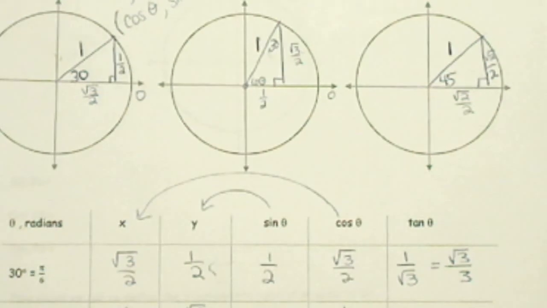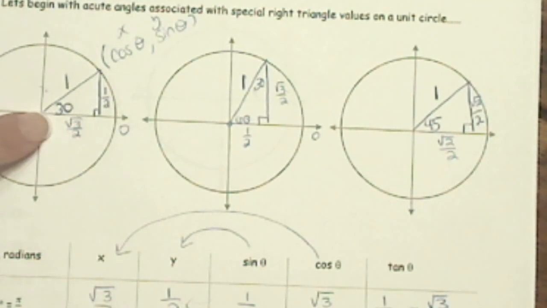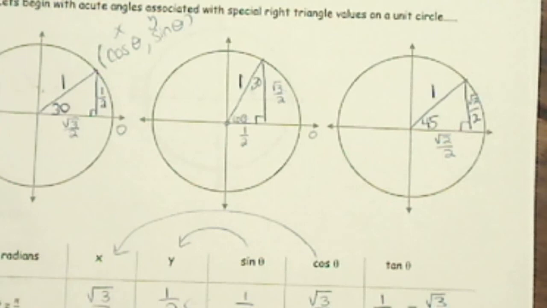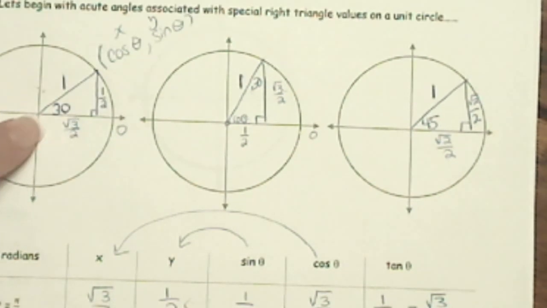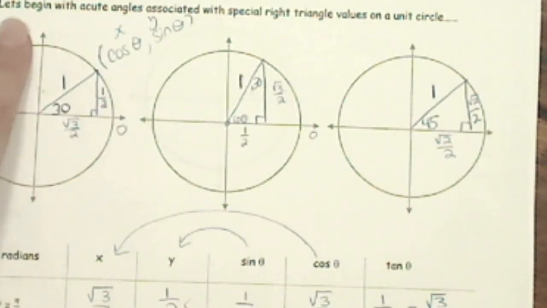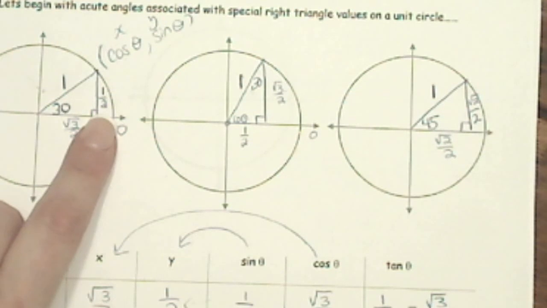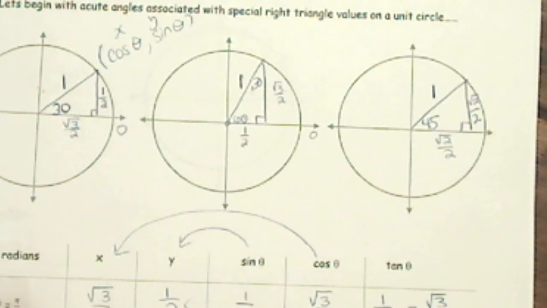So all the points on the unit circle become the actual trigonometric values for the angle, which is situated at the origin. We call this a reference angle, and a reference angle always is situated at the origin, starting from 0 as you travel around in a counterclockwise direction. So the coordinates of the point will always be the cosine and the sine.